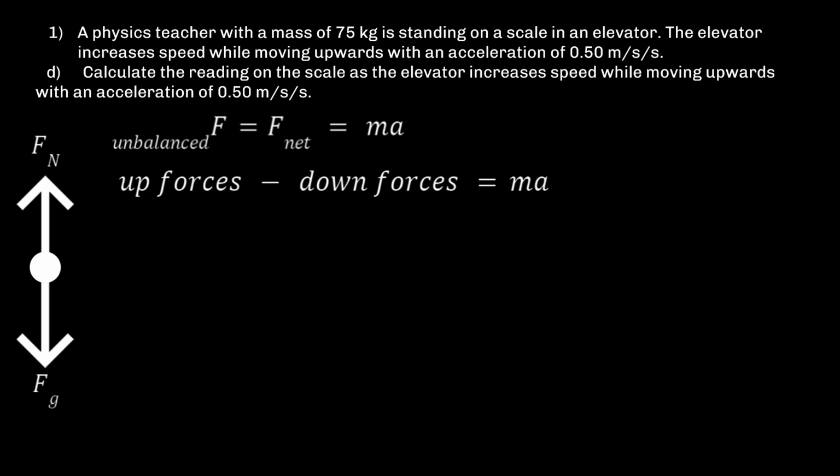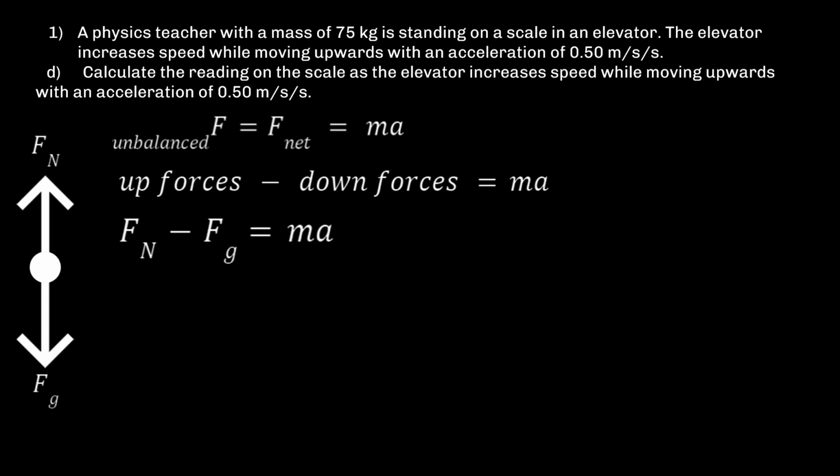My up force here is the normal force, or the force of the scale on the physics teacher. That's what I'm going to be solving for at the end of the day. My down force here is Fg, or my weight, and that is equal to ma. So the normal force Fn minus Fg is equal to ma.